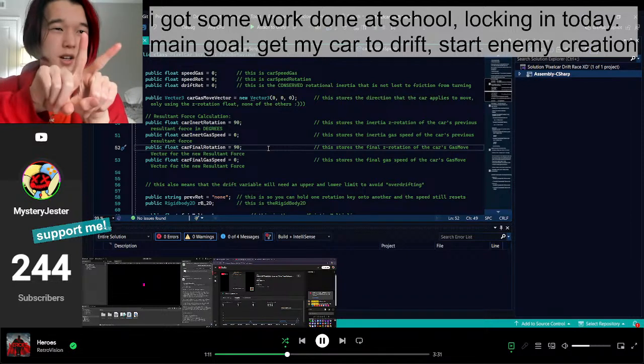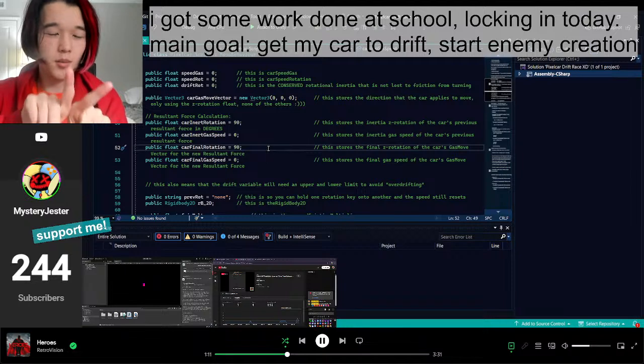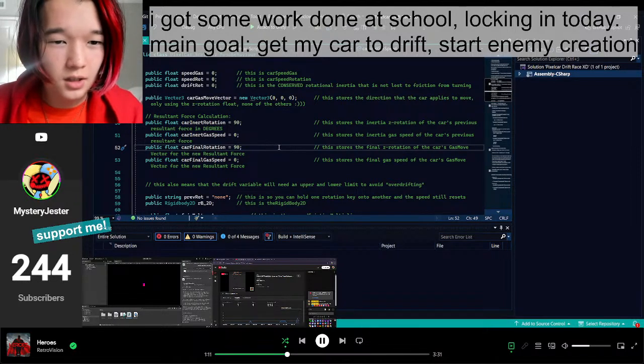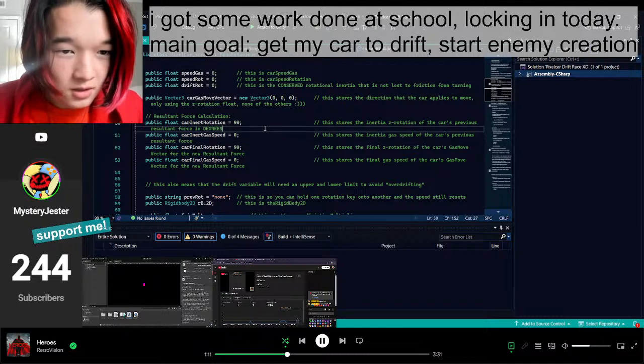There's some amount lost from the pulling. So the magnitude has to change because of that. It can't just be the same as the one speed variable, which means I need to account for both speed variables in the resultant force calculation.